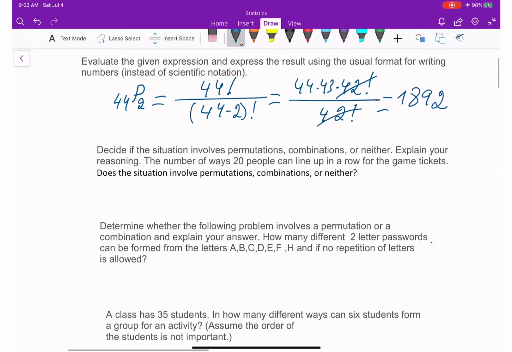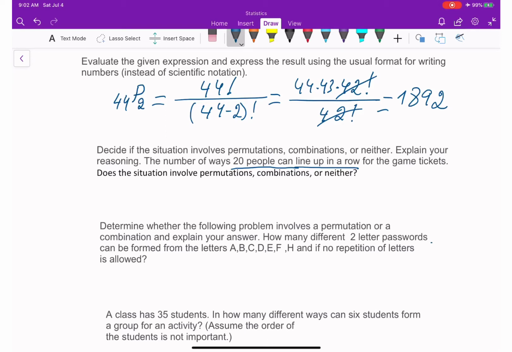Next one. Decide if the situation involves permutation, combination, or neither. Explain your reasoning. The number of ways 20 people can line up in a row for the game tickets. The key word here is lined up in a row. Why? Because if you are in the line, are you going to push somebody out of line and say, nope, I am going to get first?